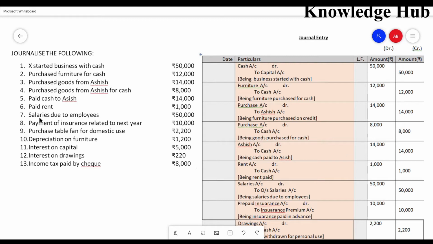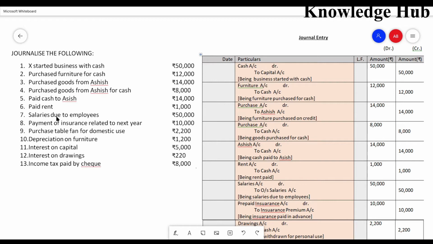The next transaction, salary is due to employees for rupees 50,000. Now salaries are an expense, so that needs to be debited. But here in the transaction, it is said it's due. So my cash is not going out. Instead, I'll credit my outstanding salaries account.